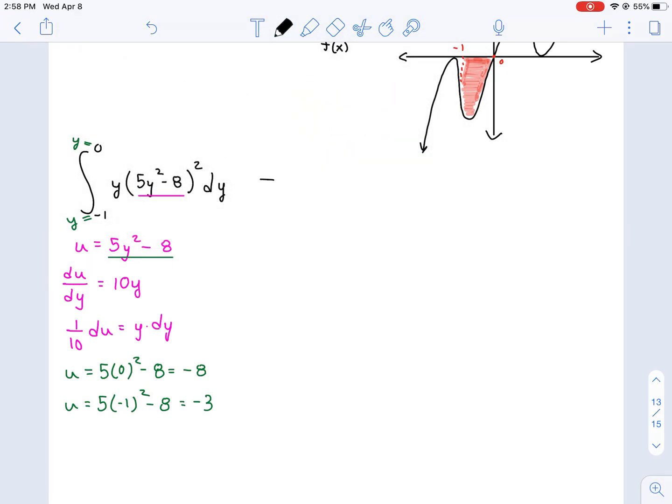So if we rewrite this definite integral in terms of u, this will be 1/10, and the limits will change, and the top will be -8, and the bottom will be -3, u squared du.